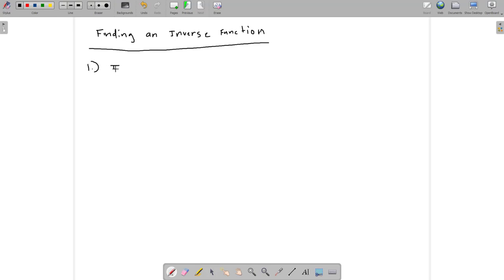In your equation, f of x equals whatever, replace f of x with y, which I kind of did before when we were doing completing the square, and it's just because it's easier to work with a variable y rather than f of x.